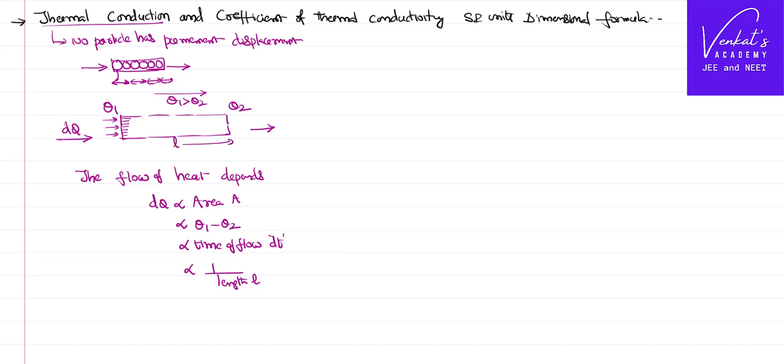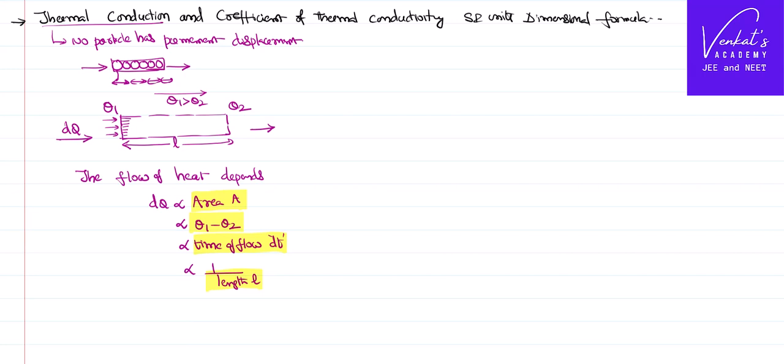The larger the length, the more difficult it is for the heat to go from one end to the other end, because it has to overcome each of the particles, each of the molecules in the journey. So these are the factors on which the heat flow depends: directly proportional to area, temperature difference, and time of flow, and inversely proportional to length of the conductor.